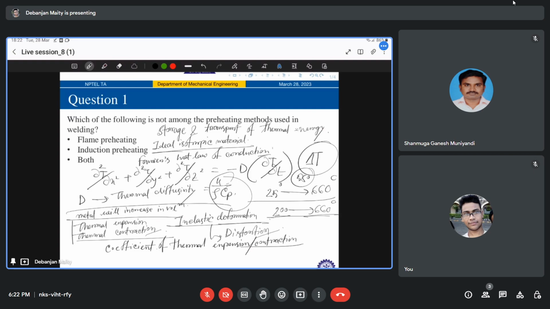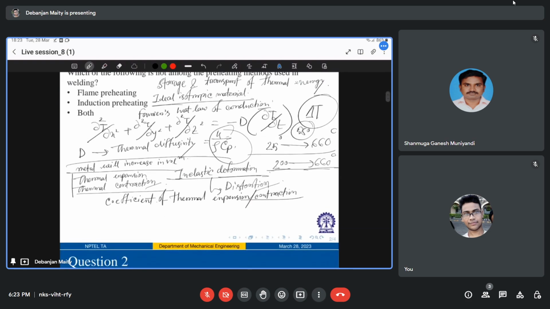And yeah, there can be some effect of heating on corrosion cracking. Corrosion cracking also can be reduced by preheating.